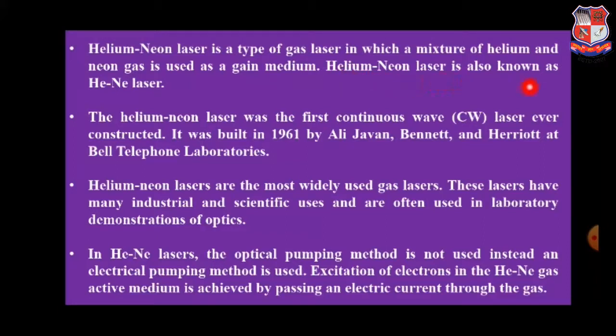Helium neon laser is also known as HeNe laser in acronym form. The helium neon laser was the first continuous wave (CW) laser ever constructed. It was built in 1961 by Javan, Bennett and Herriott at Bell Telephone Laboratories.